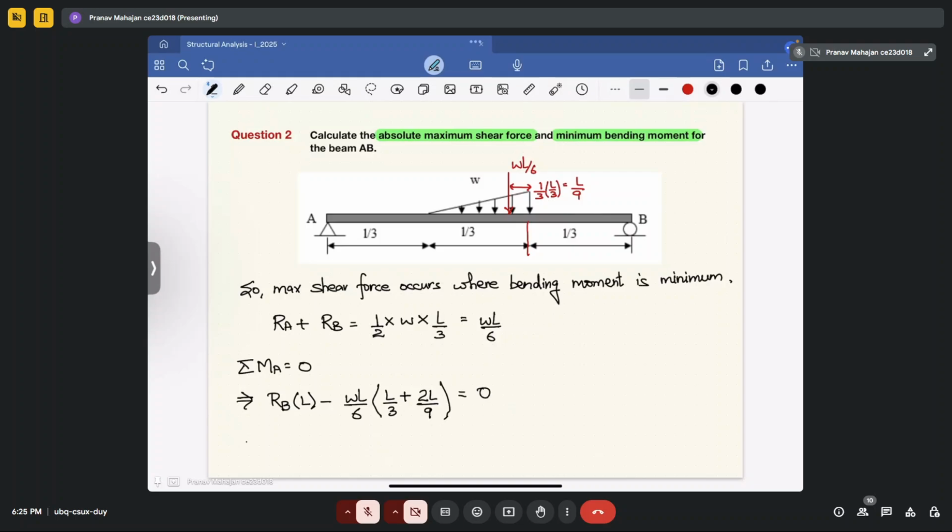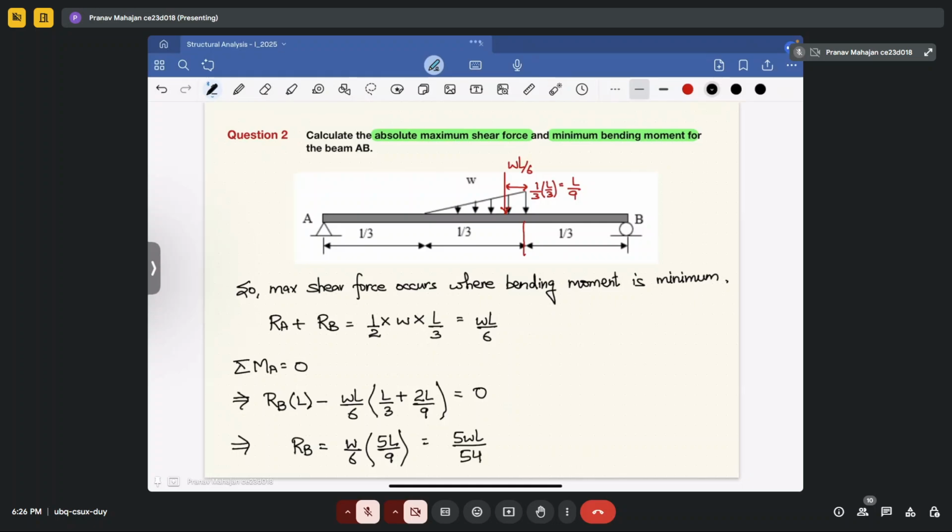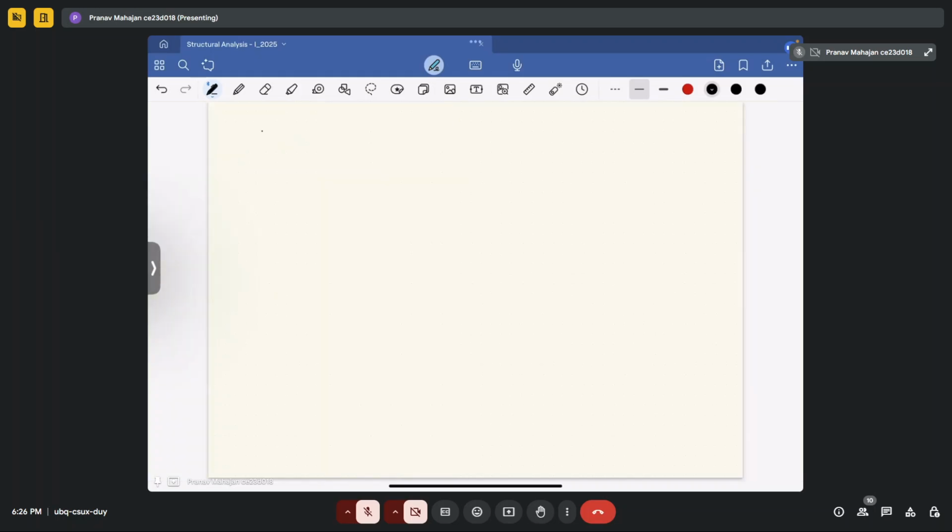Now solve for this. You will get RB equal to W by 6 into 5L by 9. This will be equal to 5WL by 54. This is your RB. Now you are required to calculate RA.